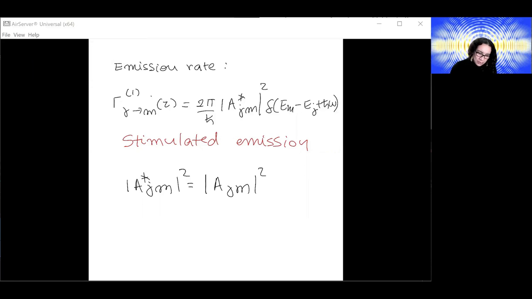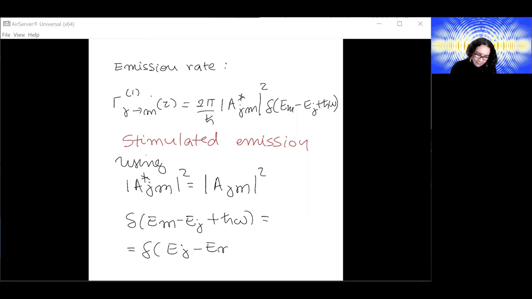And we can also use the fact that delta Em minus Ej plus h bar omega is equal to delta Ej minus Em minus h bar omega.